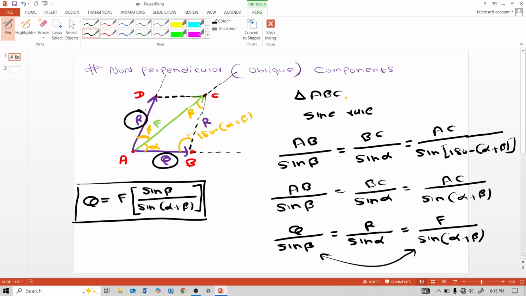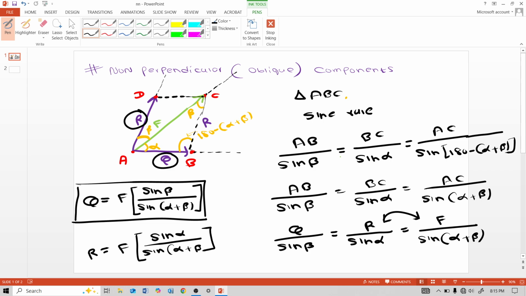And for this R component, the oblique component of that force, compare these two: R is equal to F sine alpha upon sine of (alpha plus beta). Just see both of these formulas.